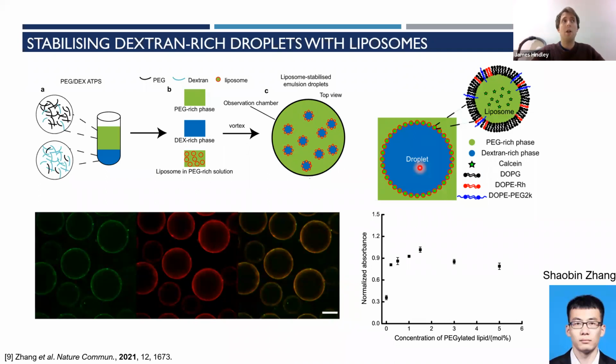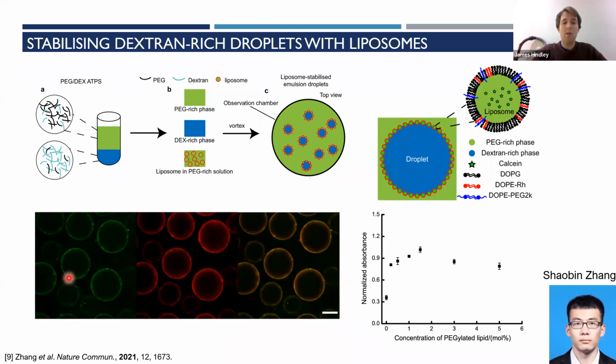For example, the larger the molecular weight of an enzyme or a protein, the greater the localization in dextran-rich phases. And so we wanted to show, similar to Greta's work, that we can first of all stabilize these systems, but also that we are stabilizing them with intact liposomes.